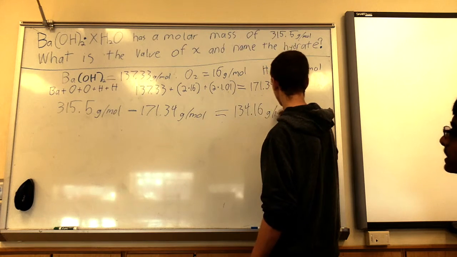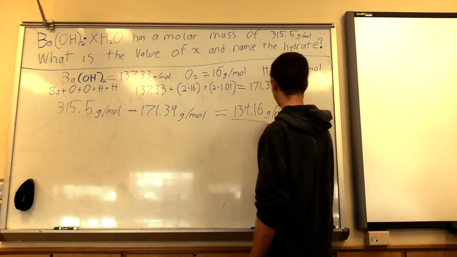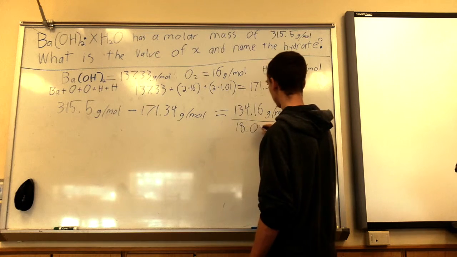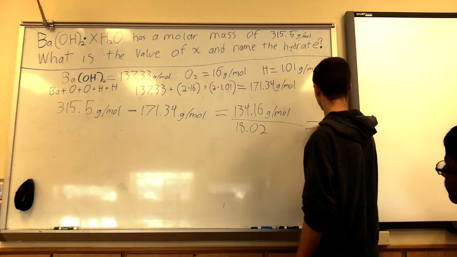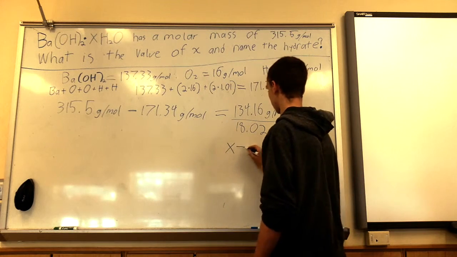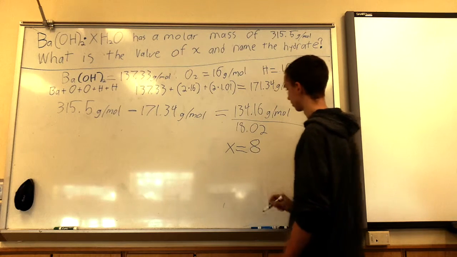Now we want to divide that by the molar mass of water, which is 18.02, to figure out the value of x. And that comes out to 8. So now we know that x equals 8, and now that we know that, we can name the hydrate.